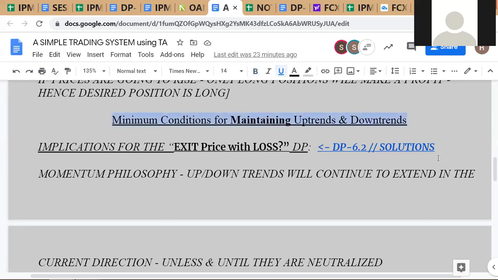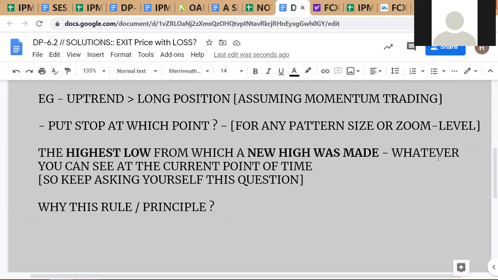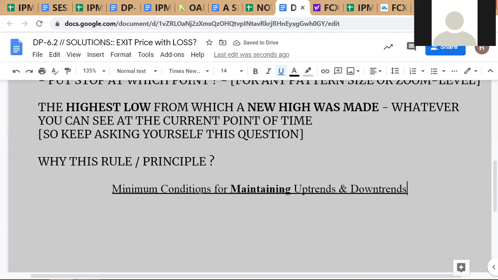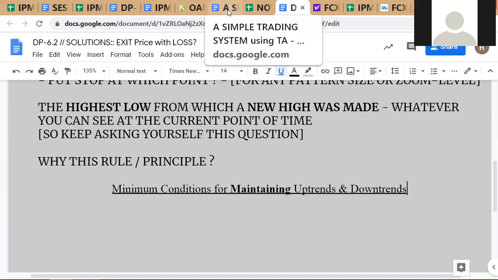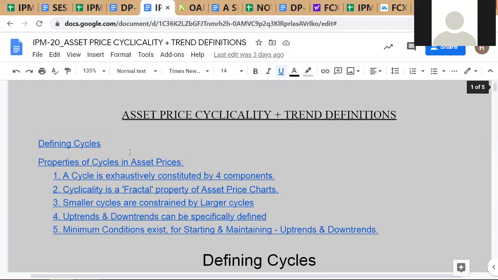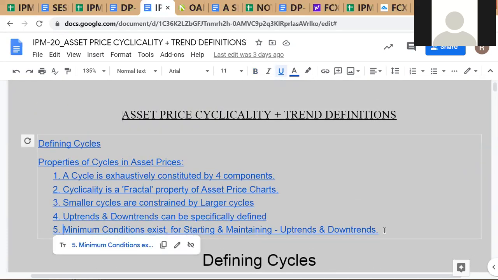I'm just going to write this here to make the connection. I'm not going to repeat all the things. When you see this, you know that you have to go back to the note on cyclicality. Maybe we can put the hyperlink, it will take you directly back to that point.